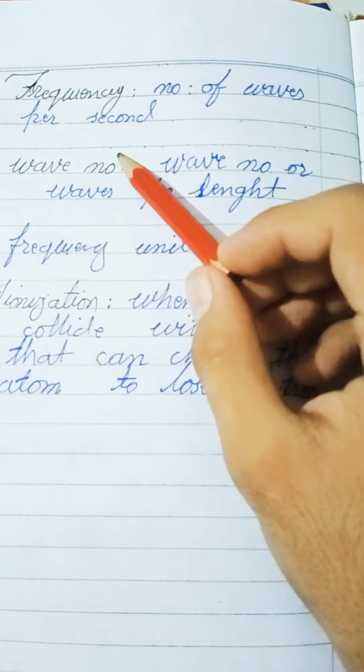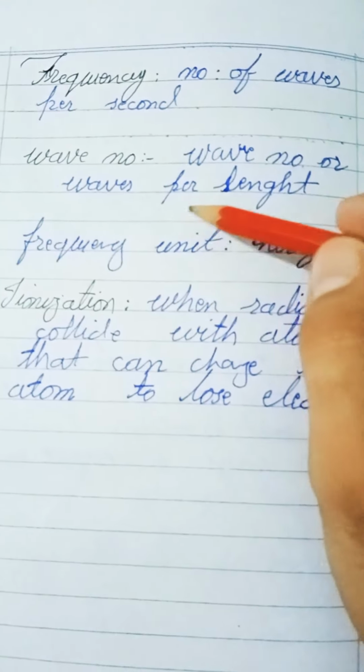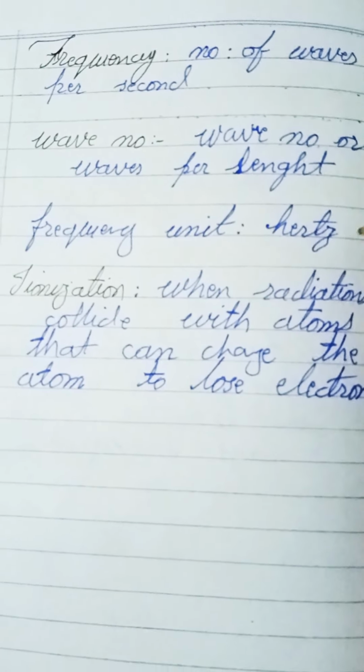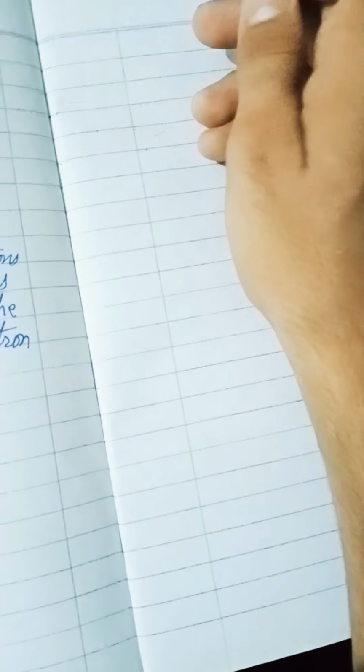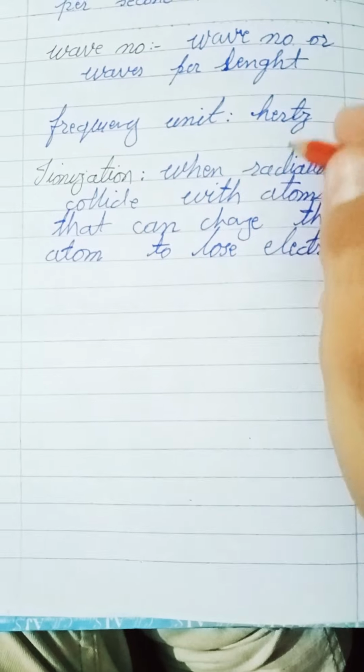That is Einstein's theory, or you can say Max Planck's theory. Frequency is the number of waves per second. We know wave number, or waves per length: if there are 100 consecutive crests and 100 consecutive troughs, we can say we have 100 waves. The frequency unit is hertz.